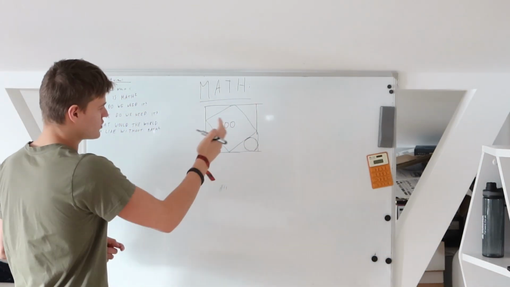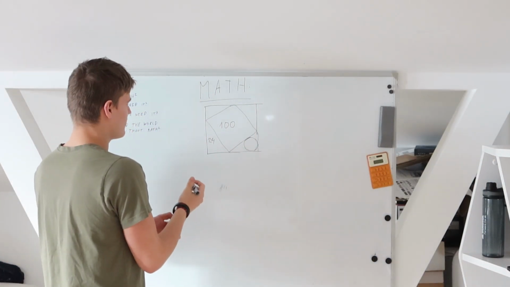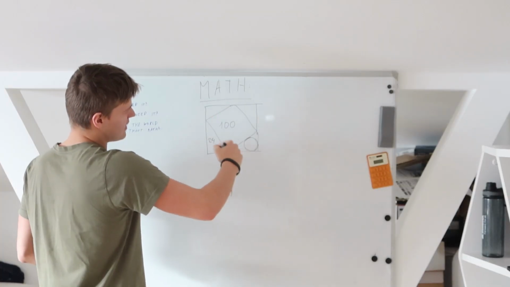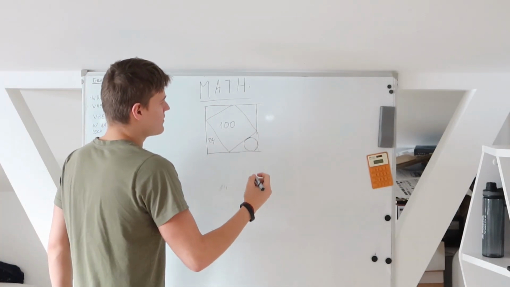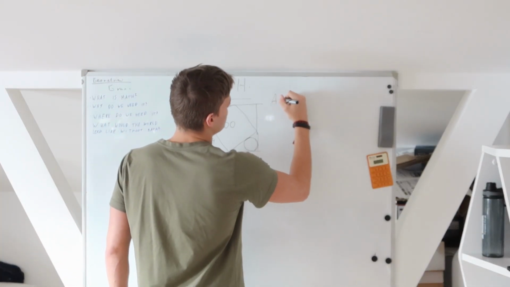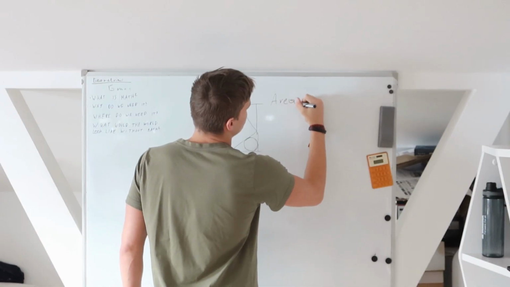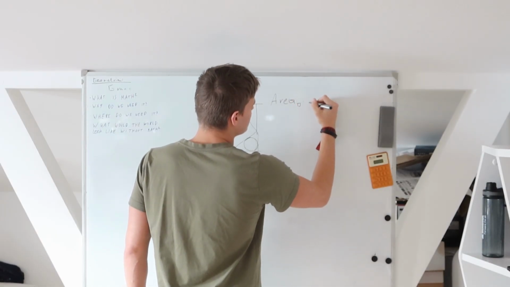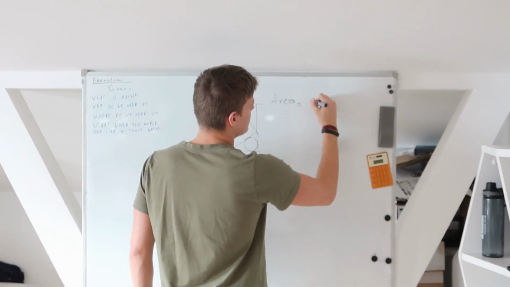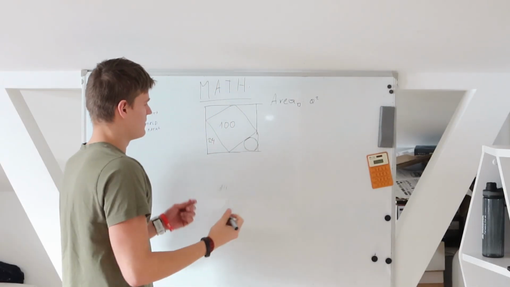A square is defined by having all four sides the same. And we know that the area of a square is basically just the side times itself. So a squared, let me call it a.